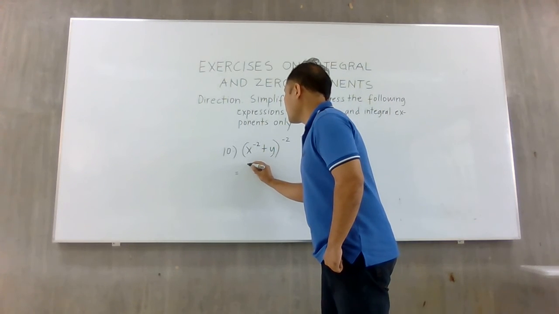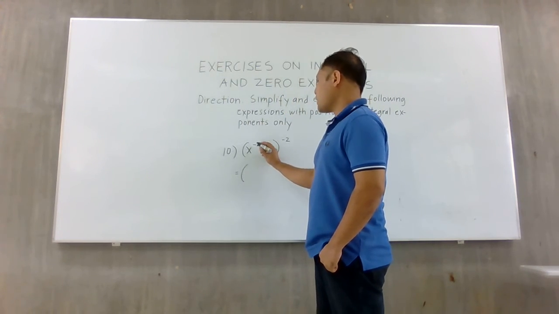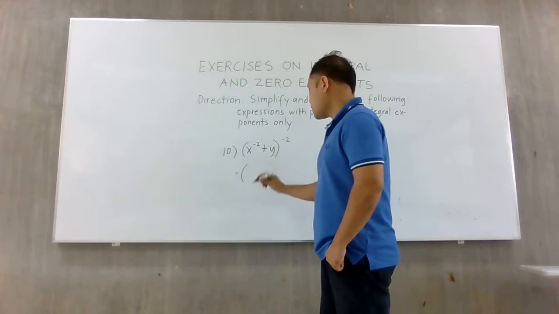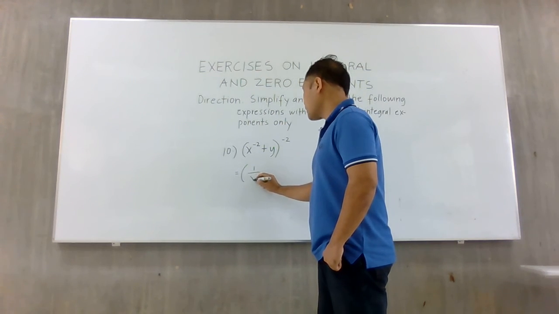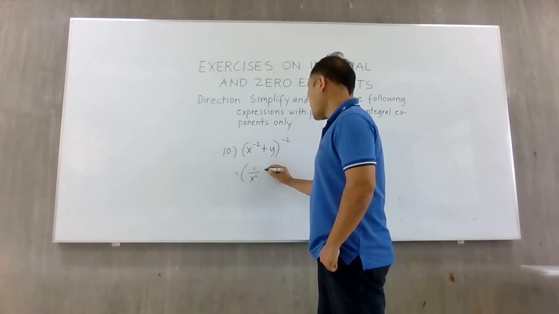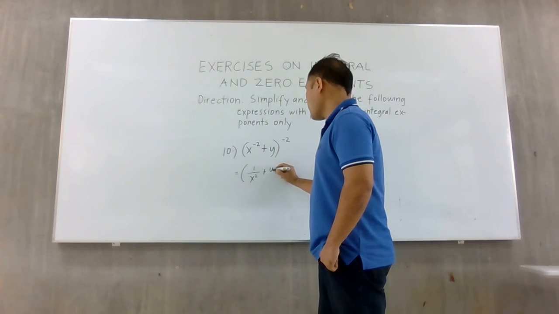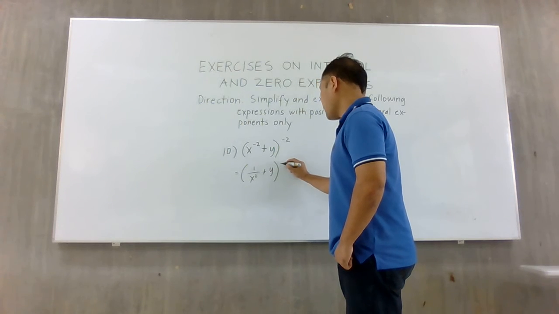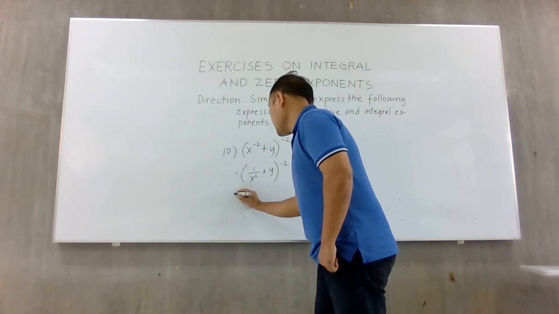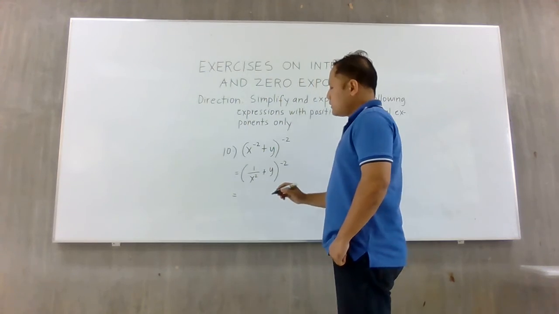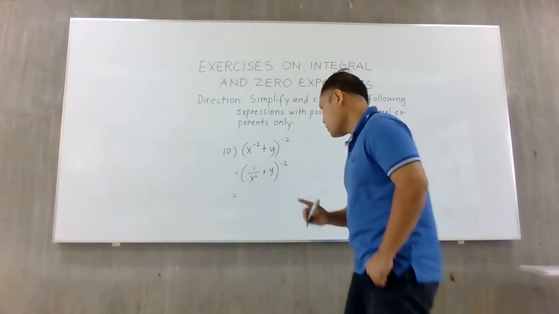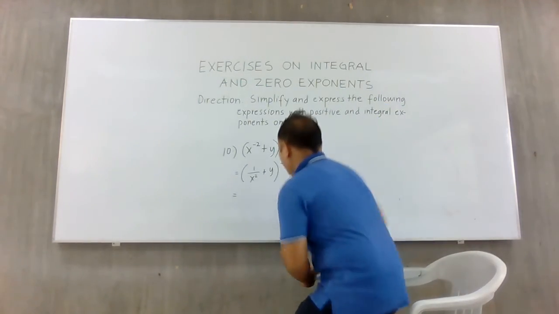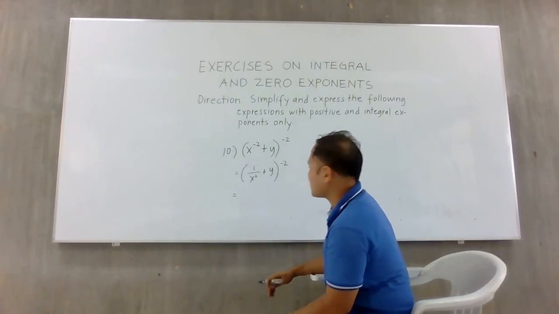Since we have x raised to the power negative 2, the exponent is negative, let us reciprocate this term. So we have 1 over x squared plus y, and this is being raised to the power negative 2. And then we are adding a fraction and a whole quantity.